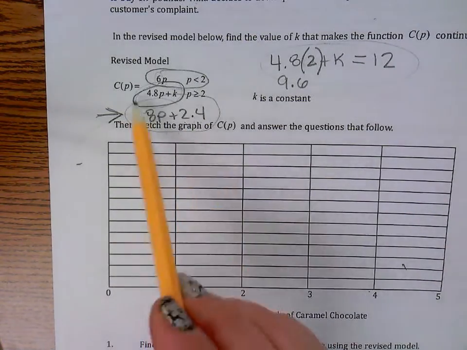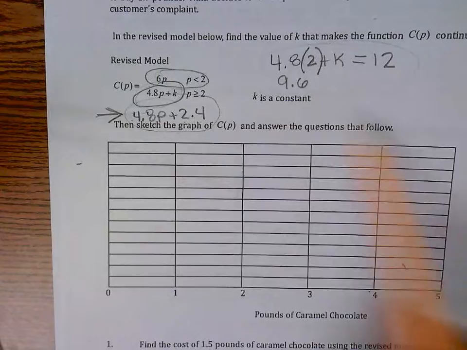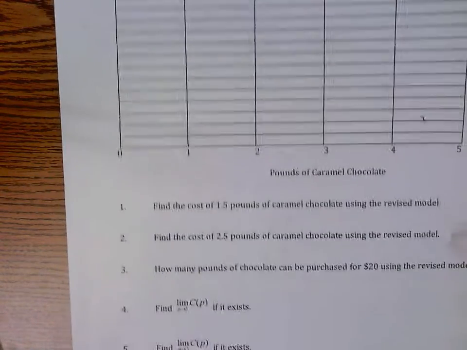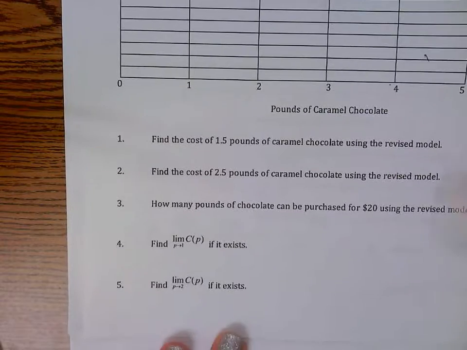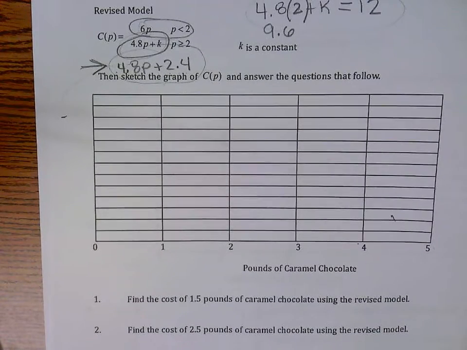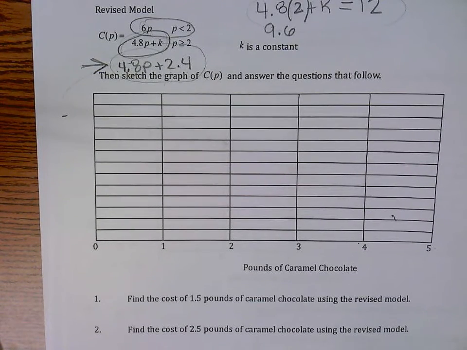So you're going to plug in 3, plug in 4, plug in 5, and graph that piecewise function, and then see how some answers will stay the same and some answers will change down below because of revising that equation. So basically they've slid that second line up to start at $12 and then continue with the discount. So you're trying to graph and find those answers. If you're doing this at home, try it on your own first.